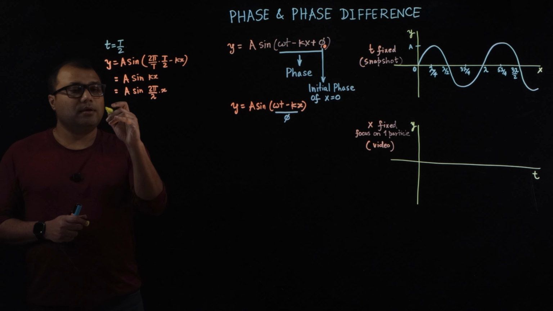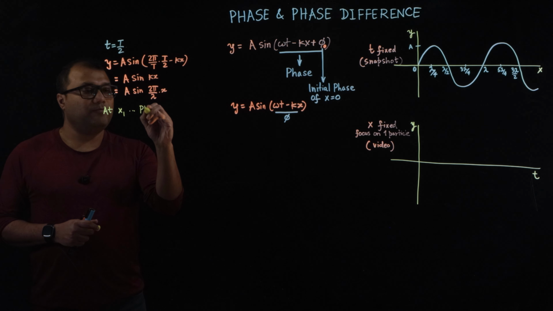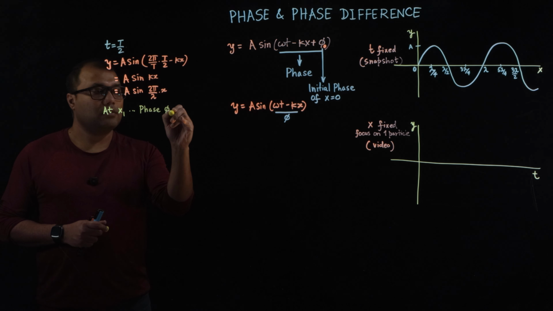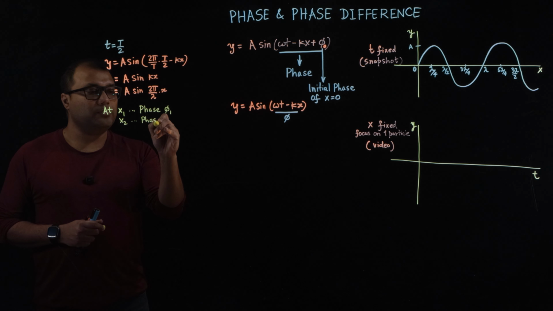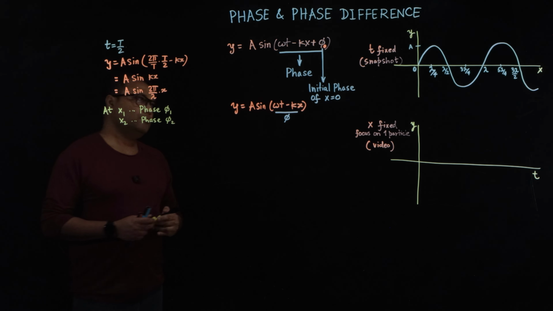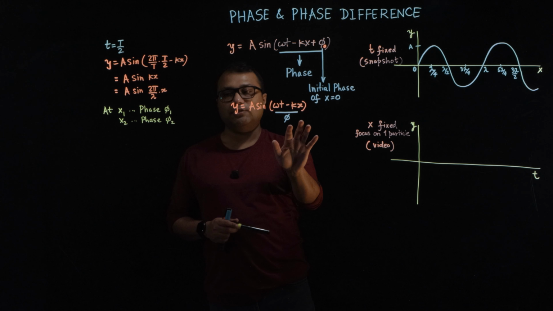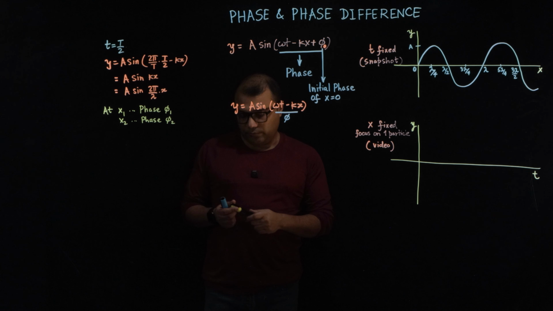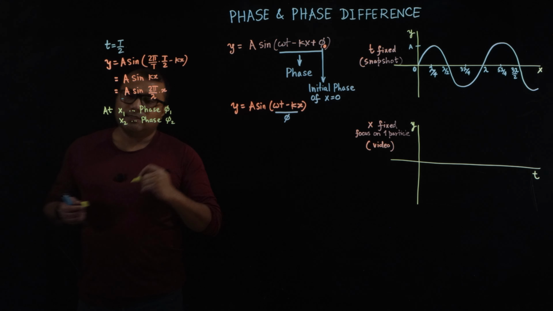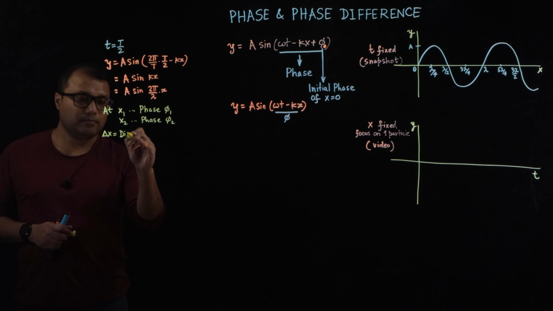At some x1, phase is phi 1. At some x2, phase is phi 2. Now we can say the distance difference, delta x.